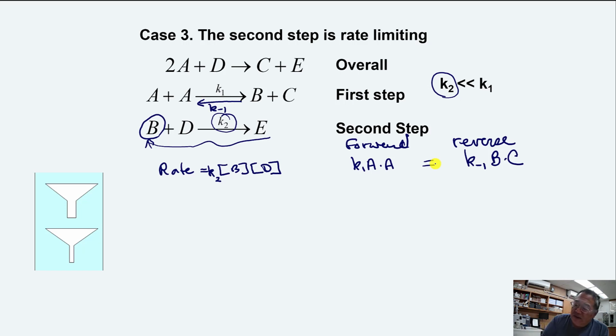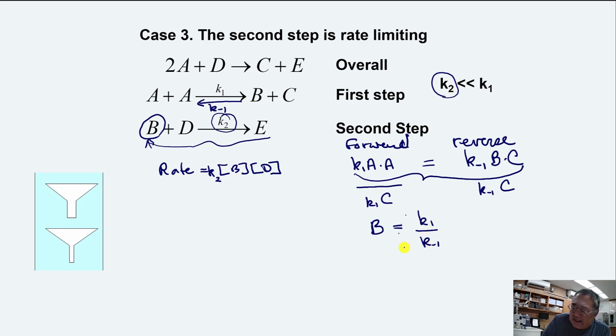This means I can solve this equation for B by dividing both sides by K minus 1 and C. That gives me B is equal to K1 over K minus 1, which I separated out because I like them together, times A squared, because it's A times A, divided by C. Notice C is a product and A is a reactant.